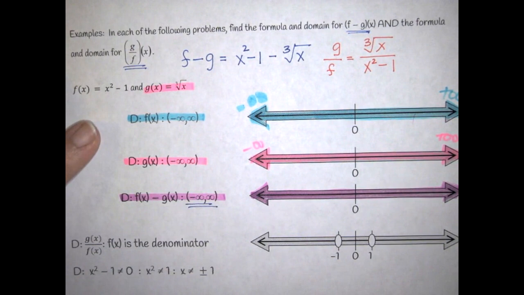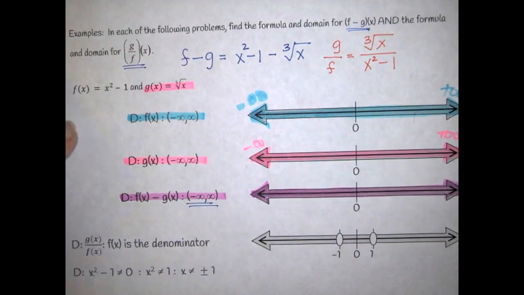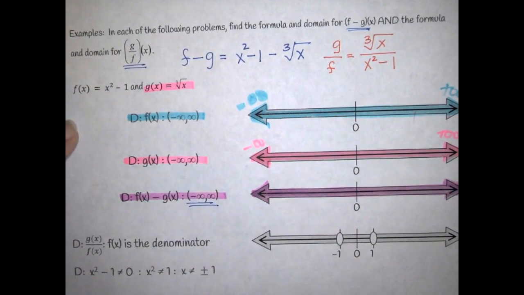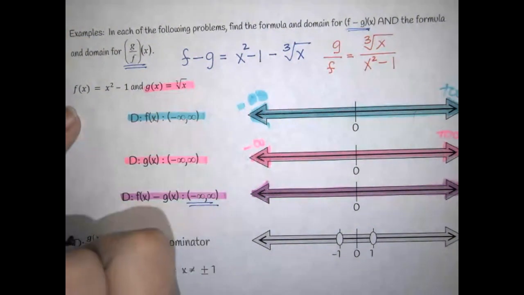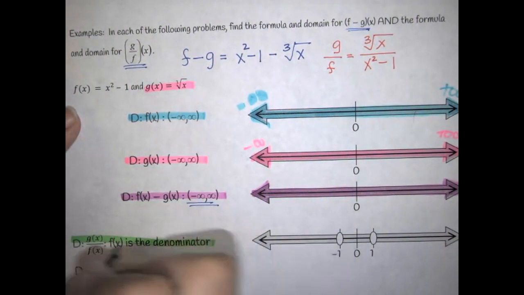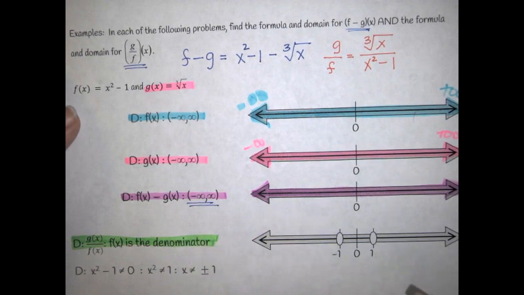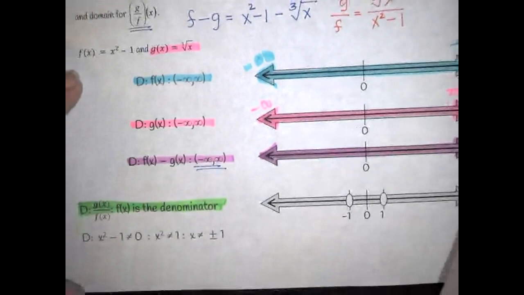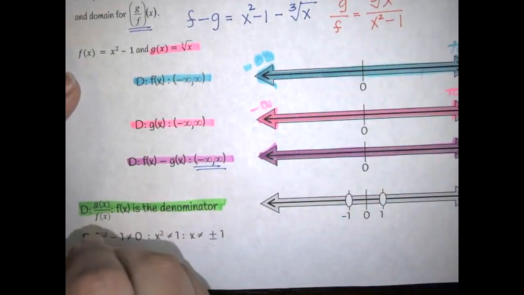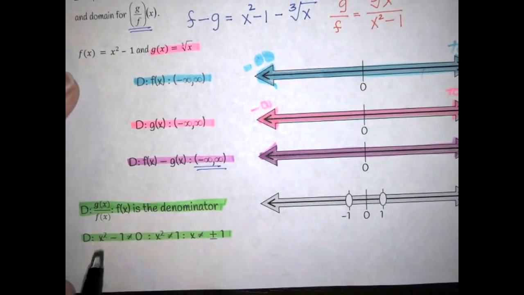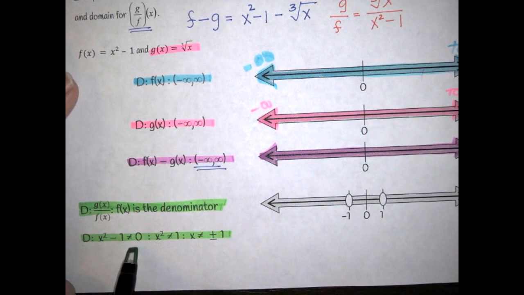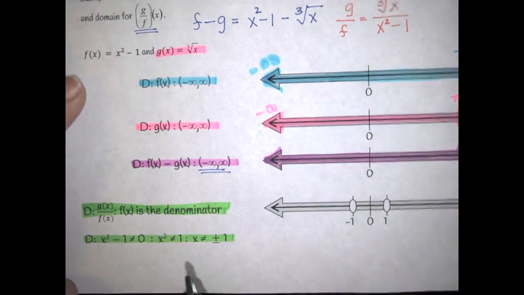Okay? Now my problem is going to come from when I do my denominator. In this case, I'm doing g divided by f, so I have to notice here that f now is the denominator, which means my domain is going to change. My domain now is going to be that x squared minus 1 can't be 0. Therefore, x squared can't be 1, so x can't be positive or negative 1.